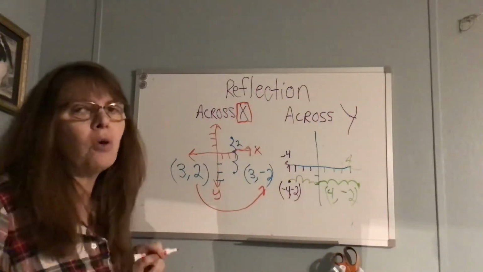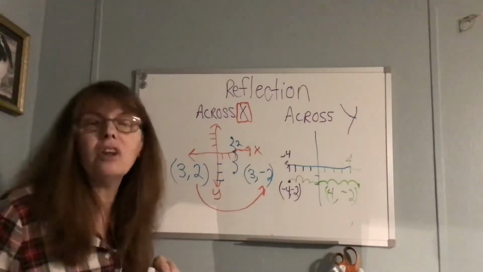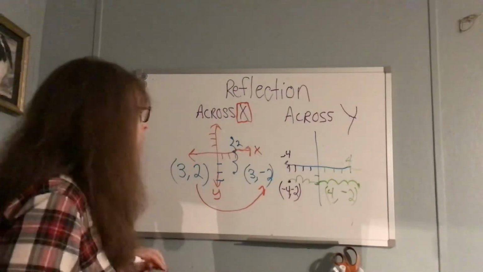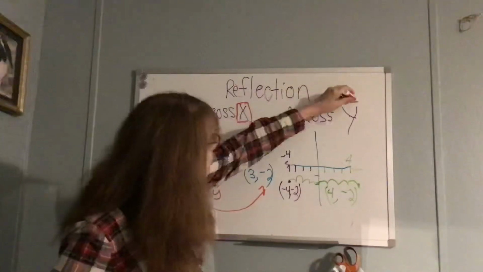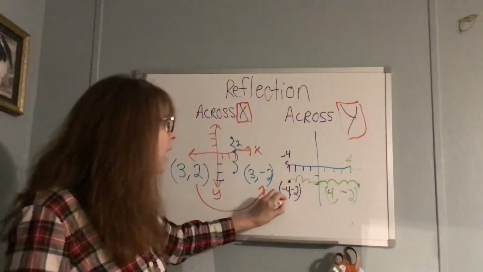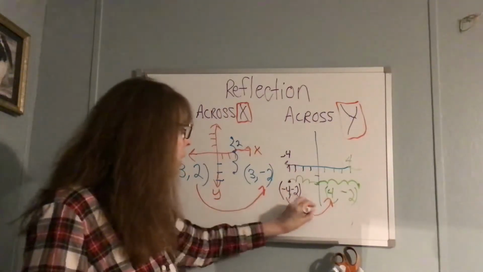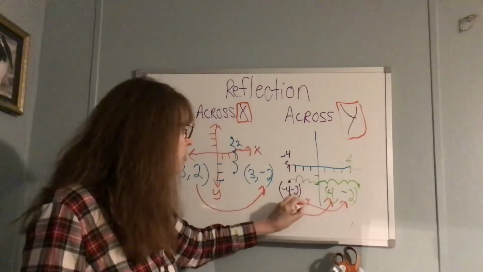To reflect across the x-axis, that's all you have to do. You don't have to plot it if you don't feel like it unless I ask you to. Now, if I'm reflecting across the y-axis, I'm going to take the x point and make it the opposite, and these two are going to stay the same.